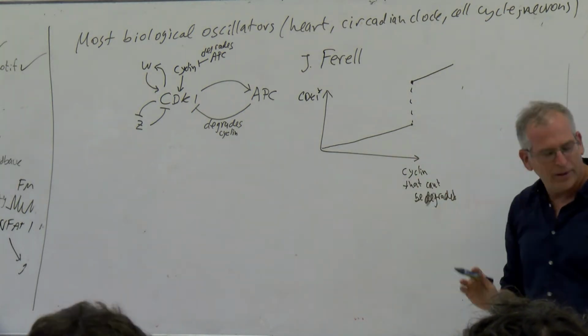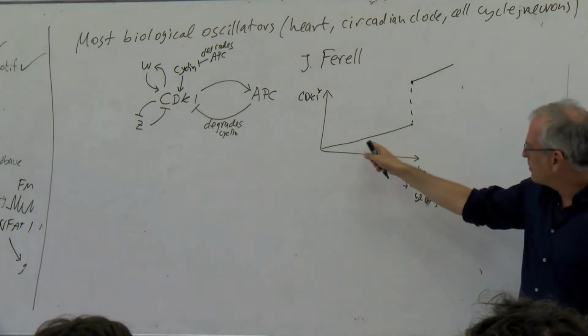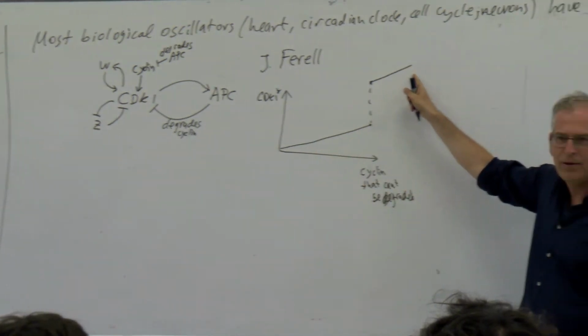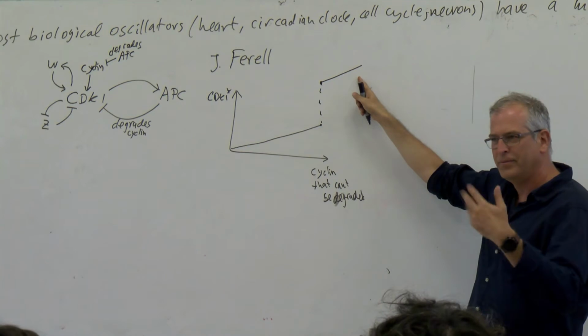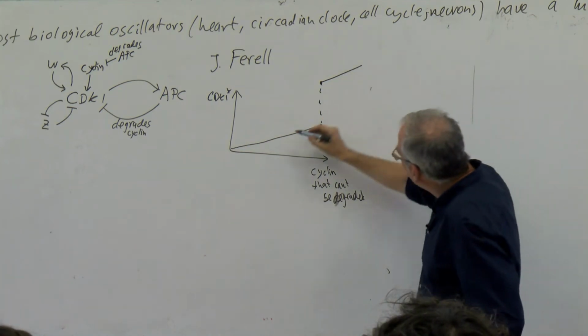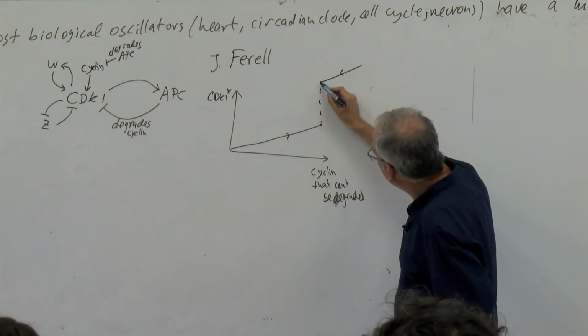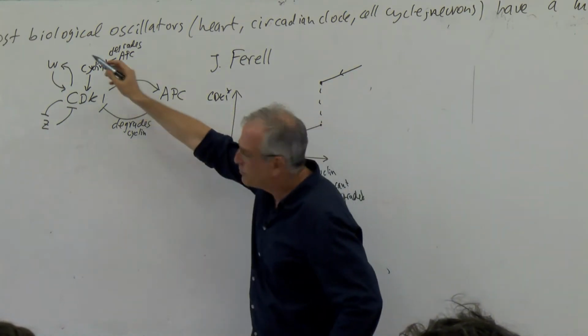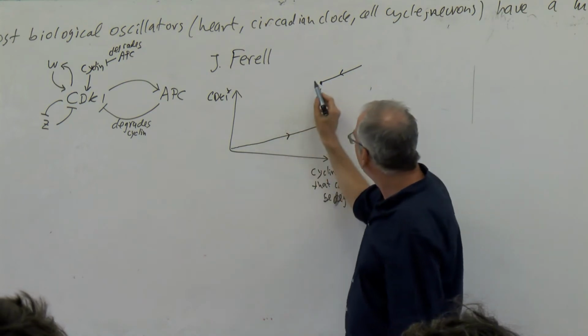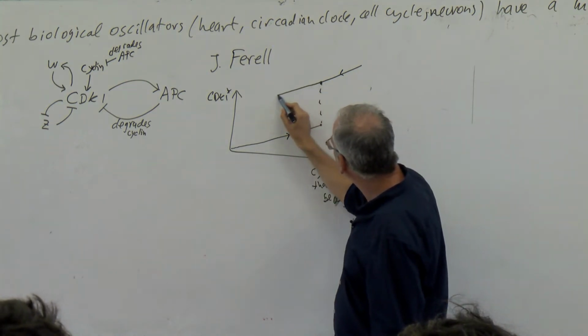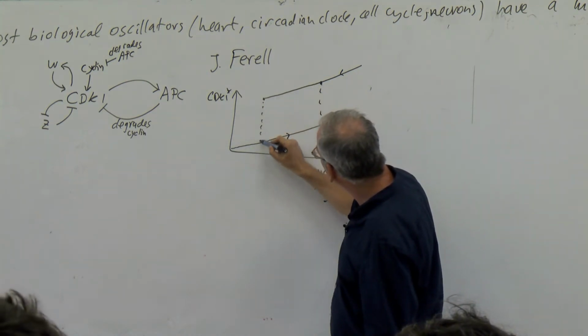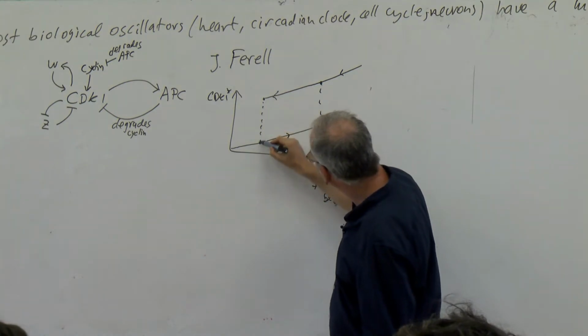And then he did something quite amazing. Instead of adding more and more cyclin, he started here and started taking away cyclin. So if you walk up here, it goes like this. But if you walk down, when you reach this point, you don't fall because the positive feedback loop is active. And you have to go down to a lower point here before you fall.